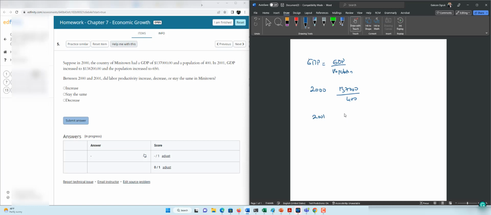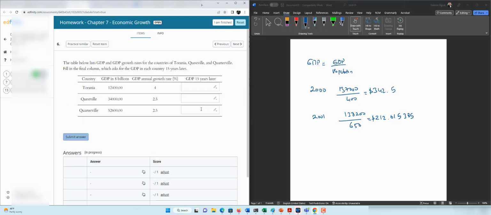In 2001, it is 138,200 divided by 650. So here, $342.5 per person. Here, $212.615,385 per person. As you see, the labor productivity from 2000 to 2001 decreased.